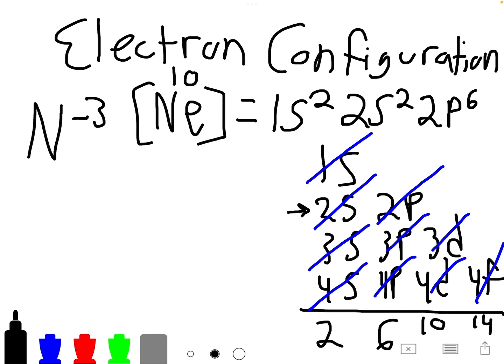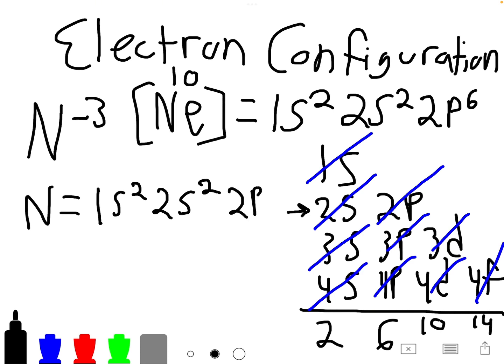So that is how you find the noble gas configuration of nitrogen. Nitrogen itself, if you want to break that down, is 1s2 and then 2s2. That's 4 so far, and we need 7, so then it's going to be 2p3. 2 and 2 is 4, plus 3 is 7. So that is how you break down the electron configuration and the noble gas configuration for nitrogen.